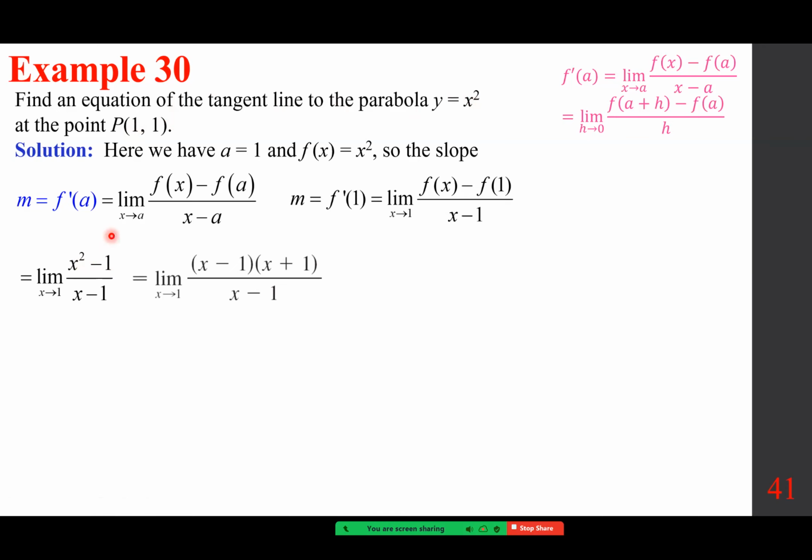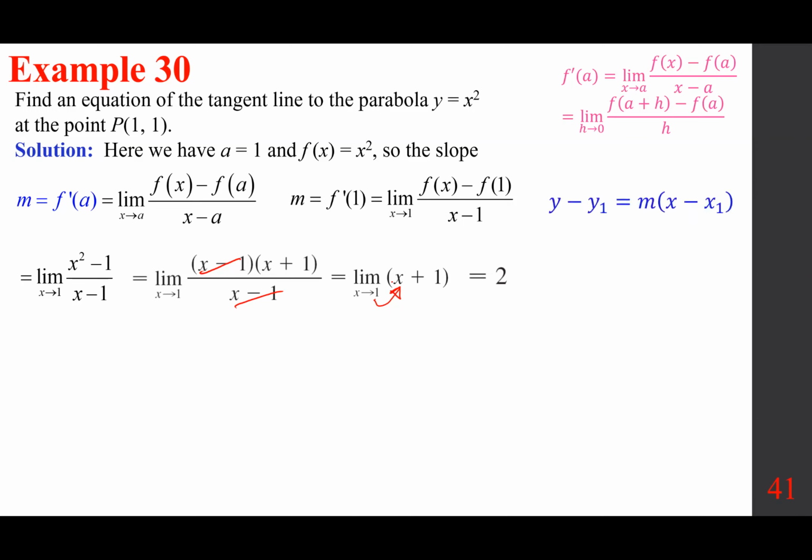So we can drop the common factor of x minus 1, and now we replace the x and we get 2. And that's all there is to it, because if we have a pair and a slope, y minus y1 equals m times x minus x1.